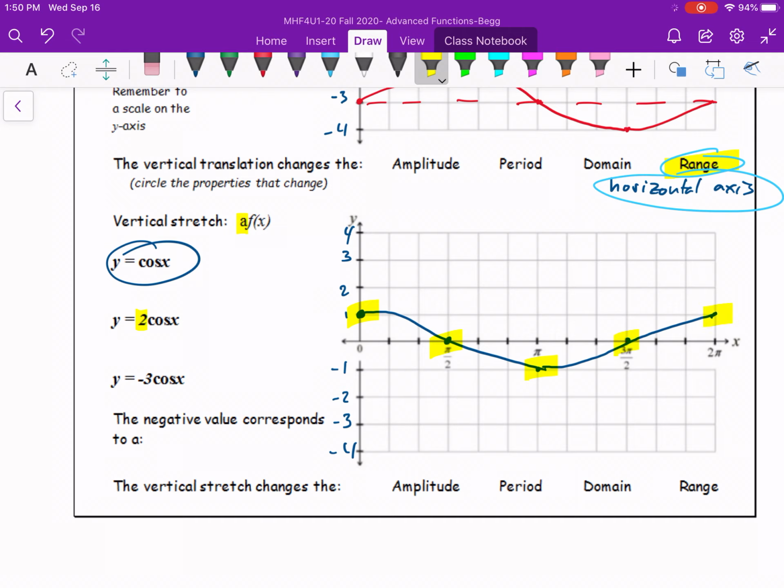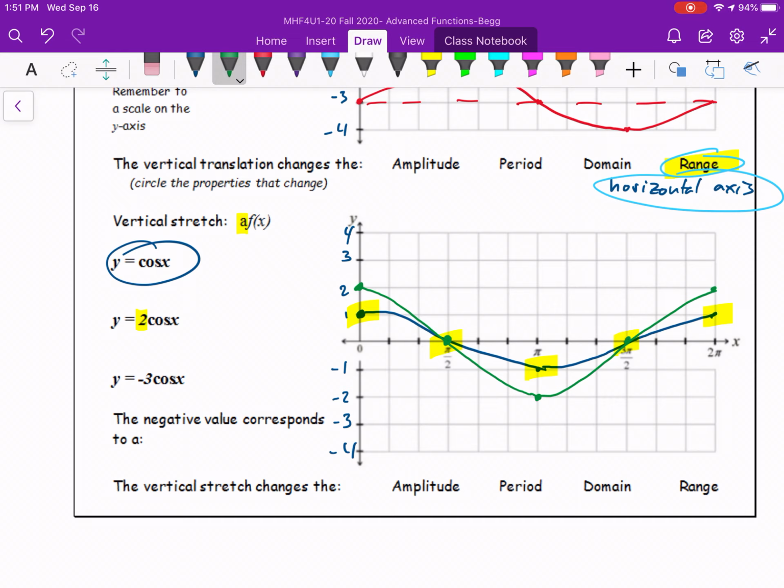If we take those 5 y values and multiply just the y values by 2, while keeping the x values the same, what we get is 0, 2, 0, -2, 0, and 2 at 0, pi over 2, pi, 3 pi over 2, and 2 pi. So it stretched it away from the x-axis. It hasn't shifted it, it's just stretched it. Any value that was 0 is unaffected, like at pi over 2 and 3 pi over 2. All the other ones became twice as far away.